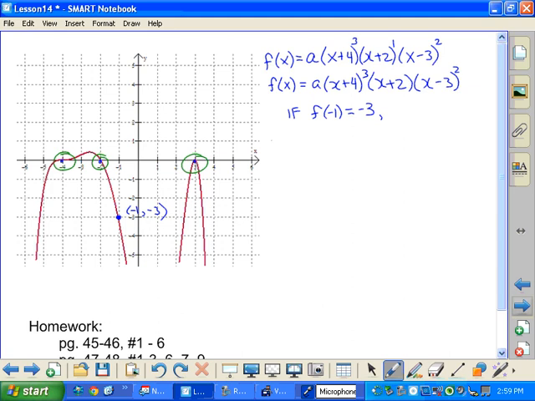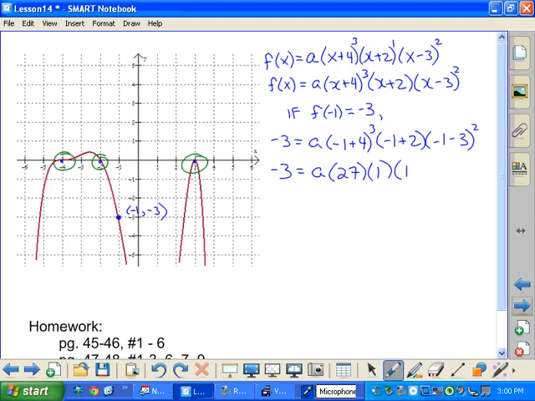But there's no y-intercept on this graph. It goes off our screen, so we're going to have to make do with another point. But again, if you can find the y-intercept, that's the best one to choose. So -3 equals a. -1 plus 4 is 3. 3 cubed is 27. -1 plus 2 is 1. And that's going to be -4 squared, which would be +16.